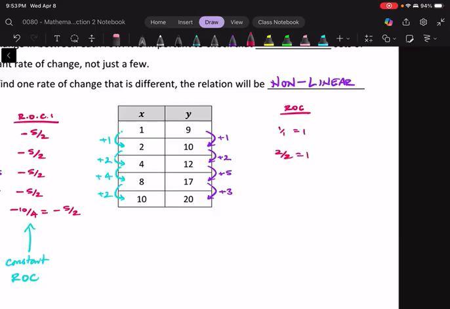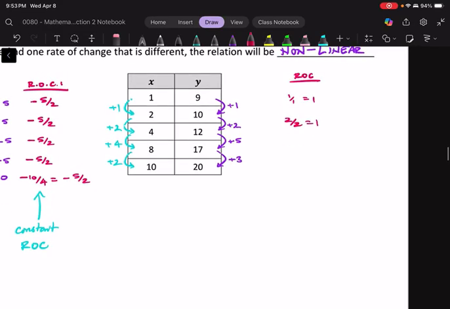Oh, awesome. I guess this whole thing's linear, hey? Psych, watch out, because the next rate of change is 5/4. And if you want, you could rewrite that as 1 1/4. But regardless, it is not 1.